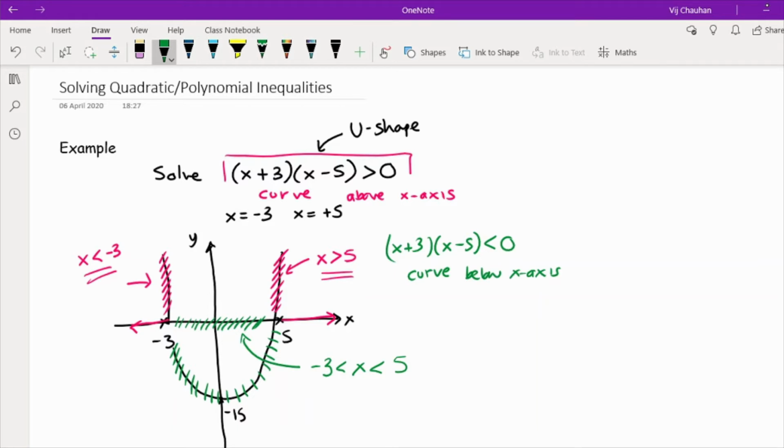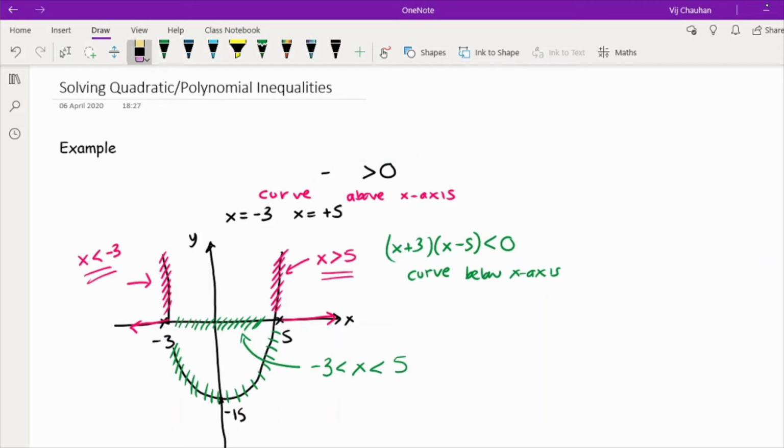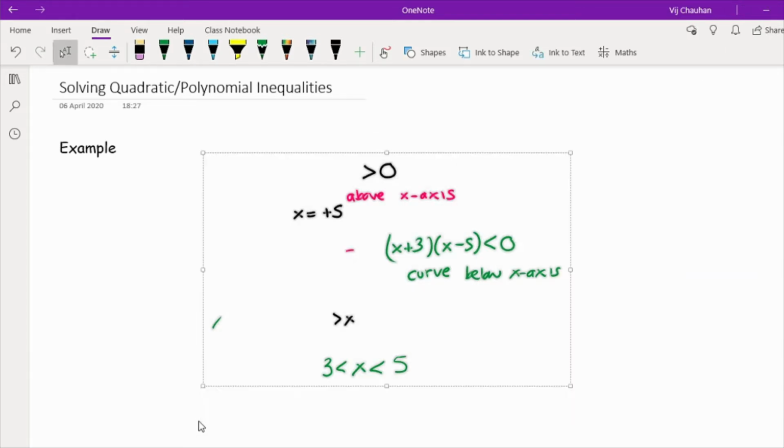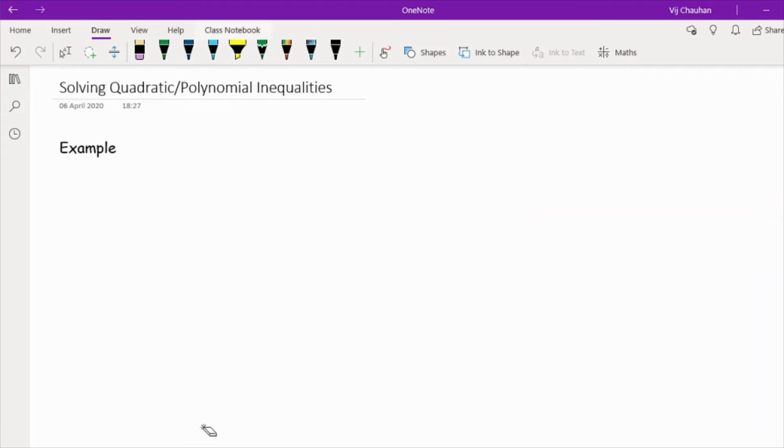So if I was to go on to have a look at another equation, this time let's say that we had an equation that didn't factorise. So let's say I was asked to solve x squared minus 4x minus 7 is less than or equal to 0.